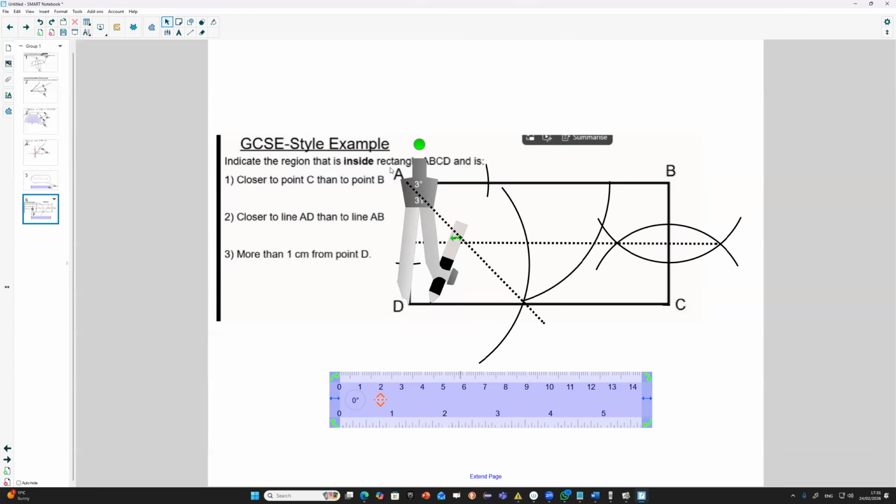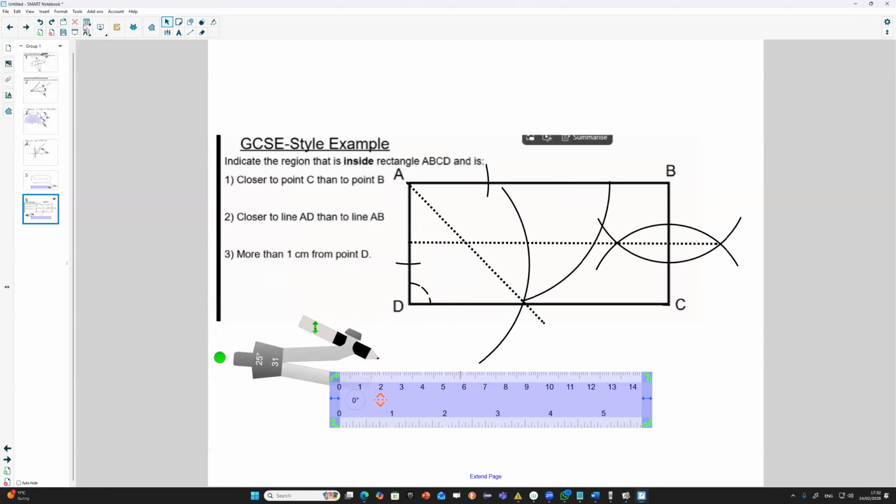Put it onto D, and then we're going to draw. It should again be a dotted line. There you go. More than 1 centimeter from D.